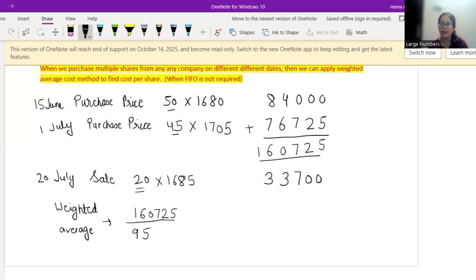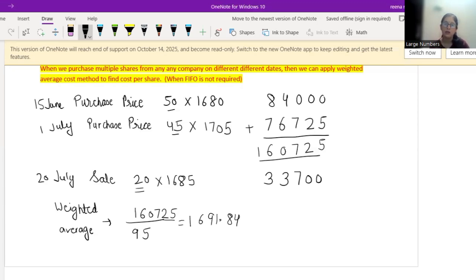If I divide these, I will get the price of one share. So the price of one share is 1,691.84. This is the price per share according to the weighted average cost method.